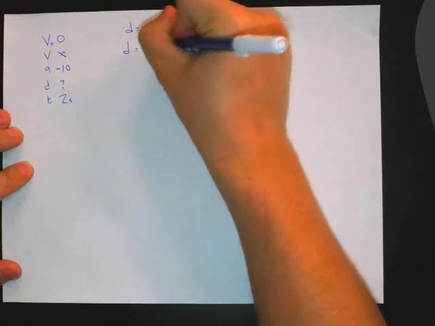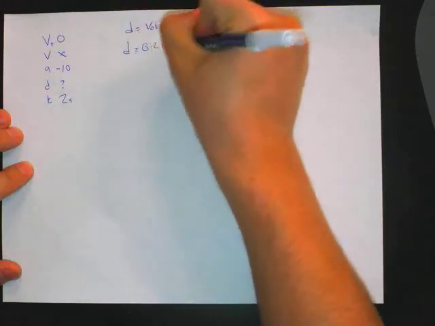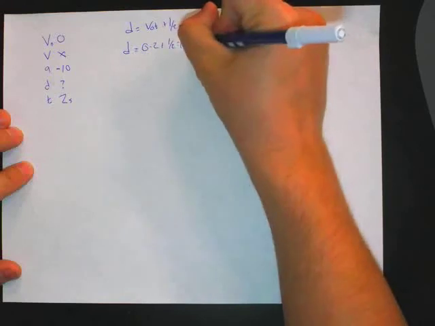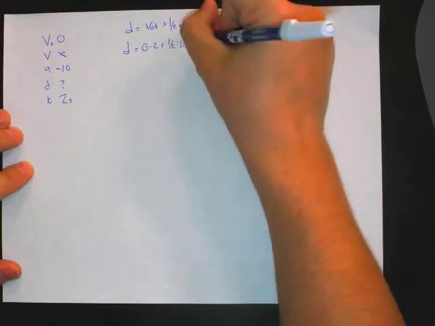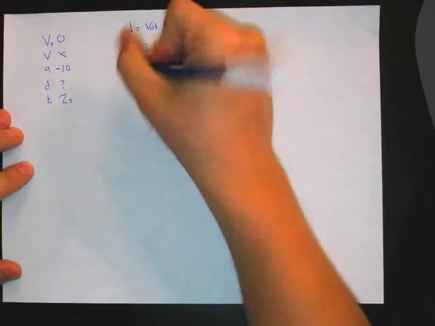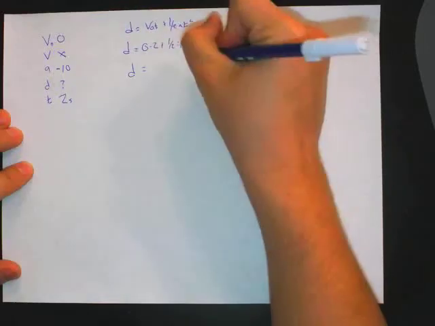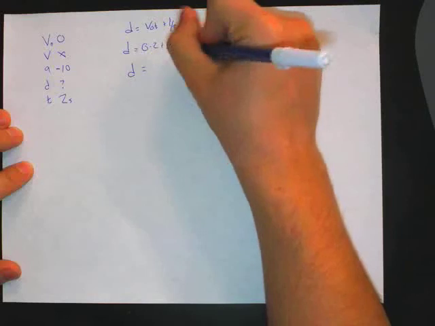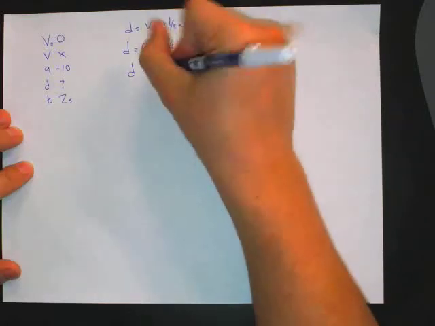So d equals 0 times 2 plus 1/2 times -10 times 2 squared. So d equals, let's see, 5 times 4, so -20.